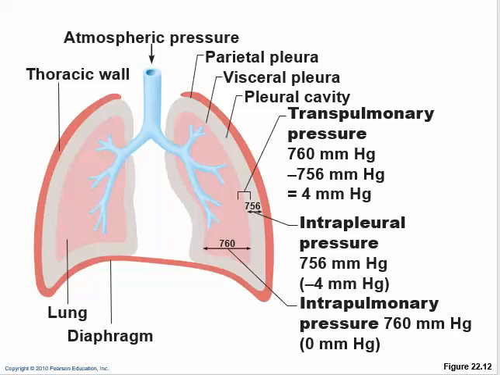So this chart looks at it. There is 760, so this is equalized to atmospheric pressure. The intrapleural pressure is 756. And so the transpulmonary pressure is about 4.